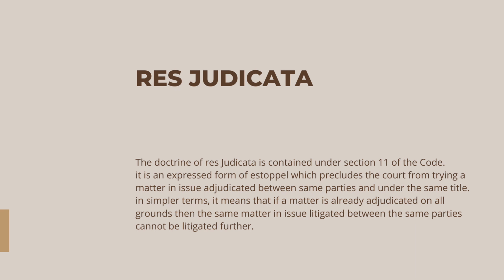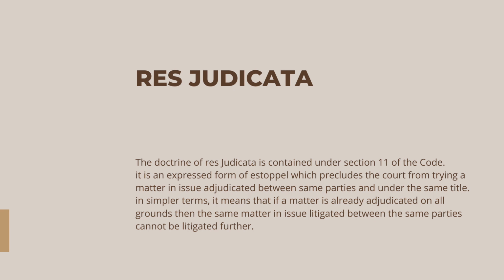Now, the doctrine of res judicata, as contained under section 11 of the Code 1908, is nothing but a manifestation of the doctrine of estoppel. It is an expressed form of estoppel which precludes the court from trying a matter in issue already adjudicated properly between the same parties under the same title.